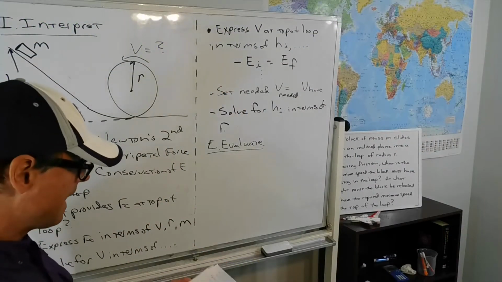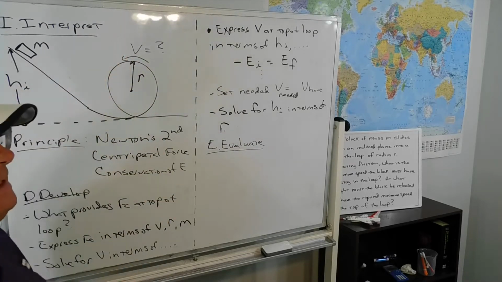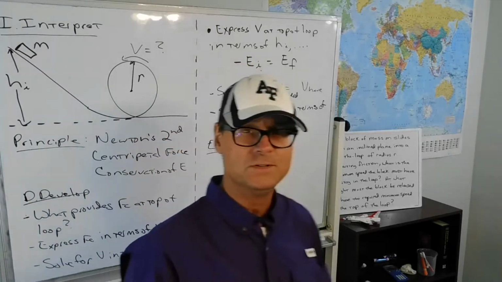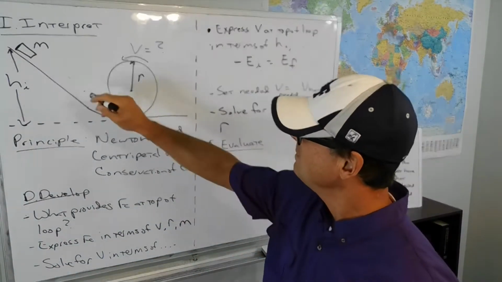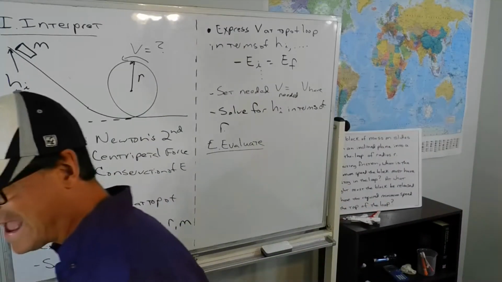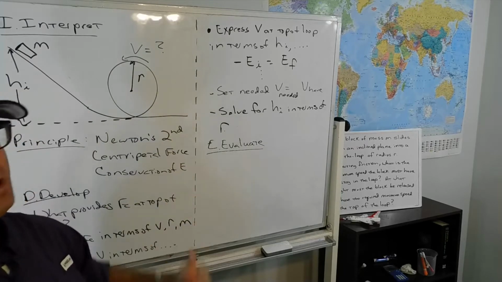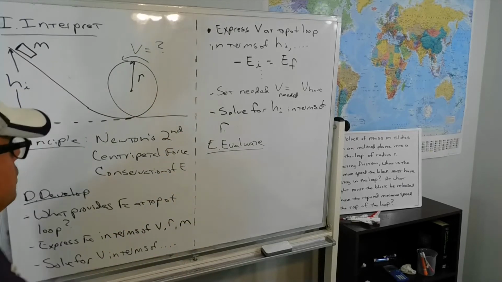So at the top, at the minimum speed, the normal force is going to be 0. In other words, when something is riding along a track going in a loop, or really at any point along a track, there's going to be the normal force which is acting normal, right? Or perpendicular to the track.